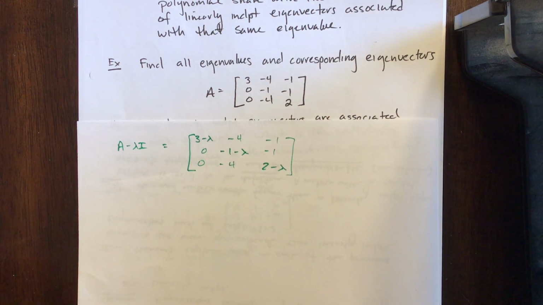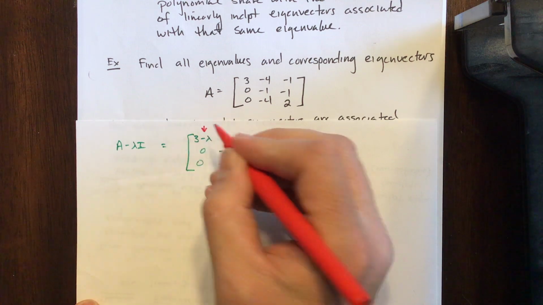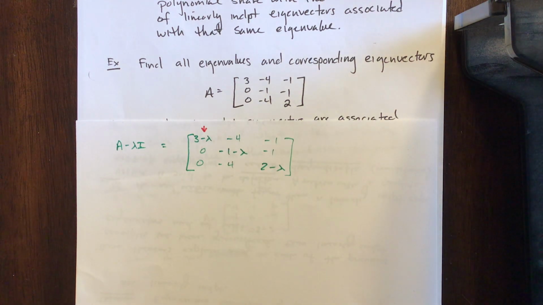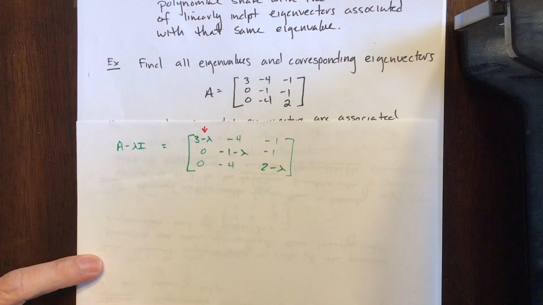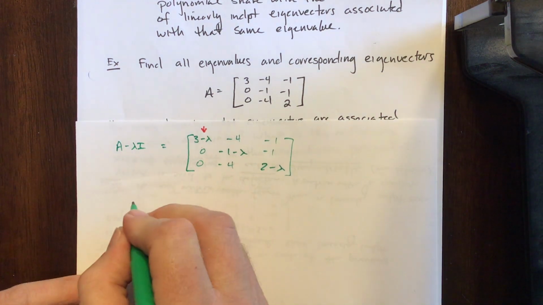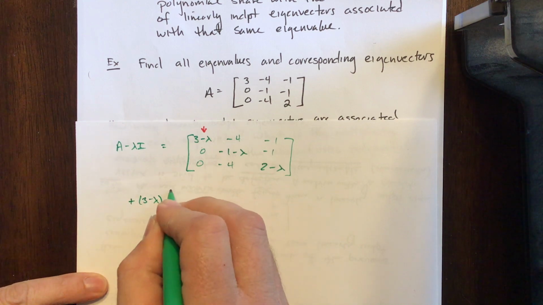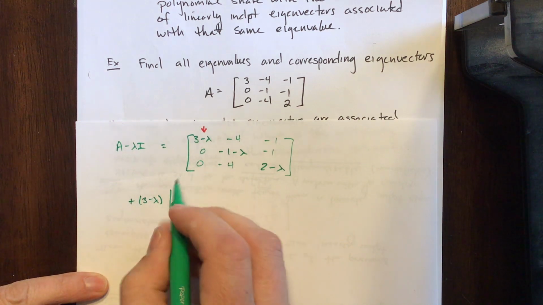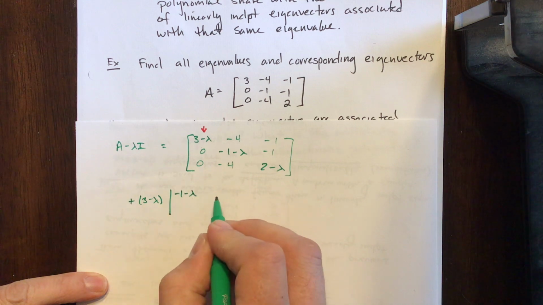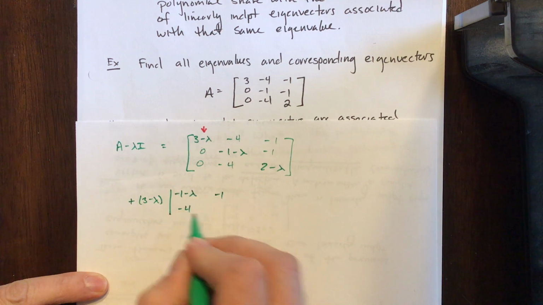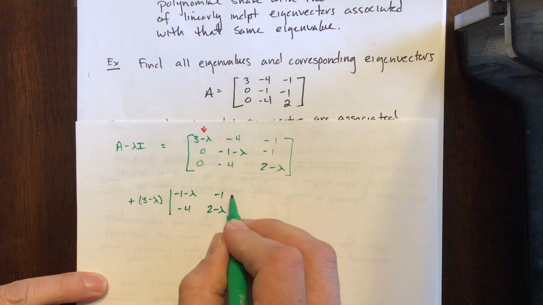Because we're taking the determinant of this matrix, we can expand across any row or column. I will do the first column because there's more zeros in it. So I get a positive 3 minus lambda times the determinant of minus 1 minus lambda, minus 1, minus 4, and 2 minus lambda.